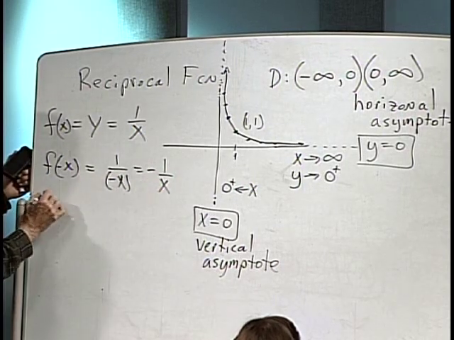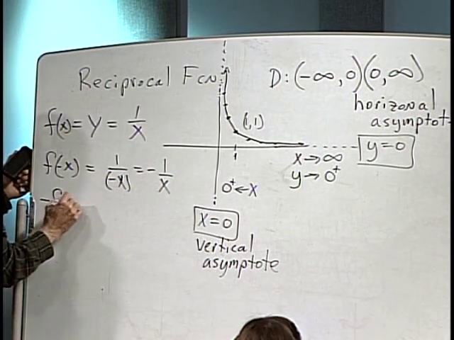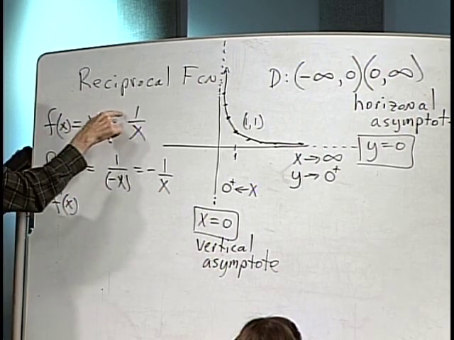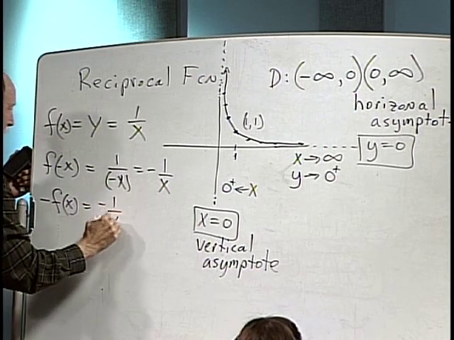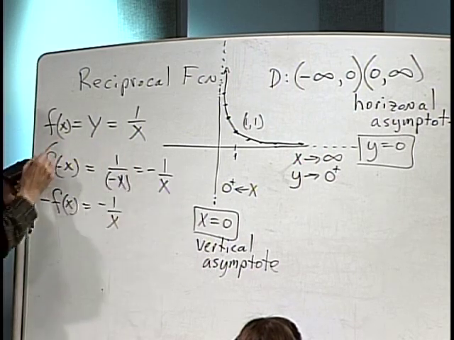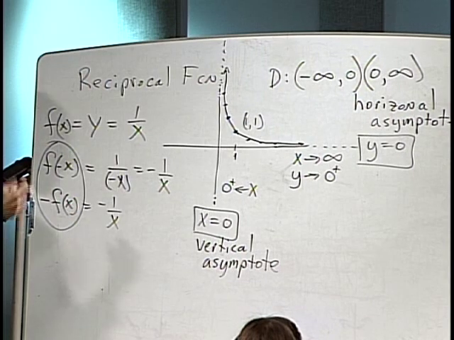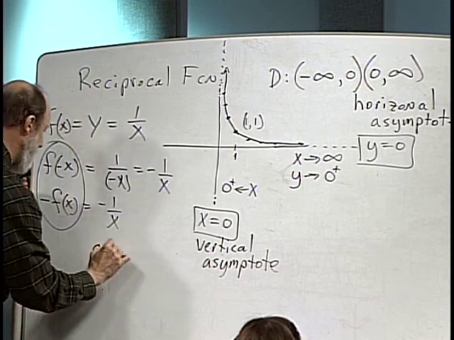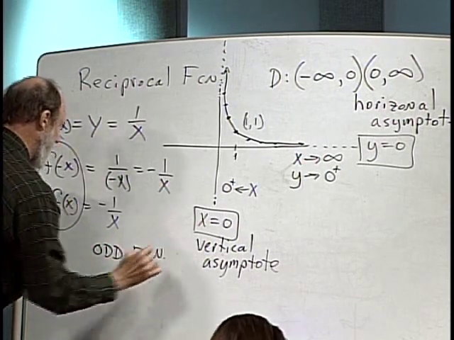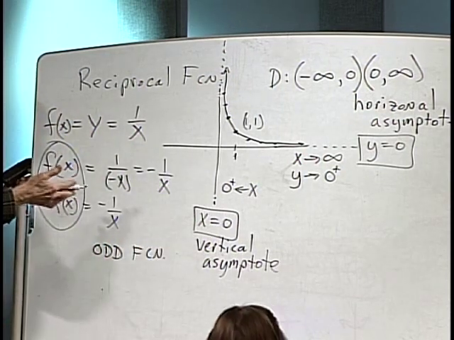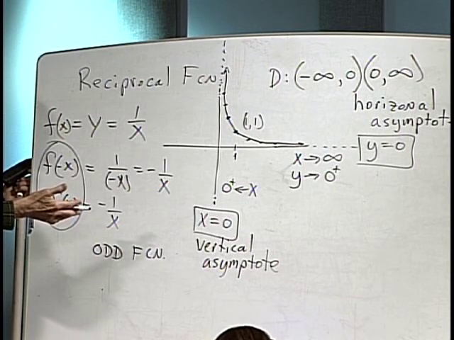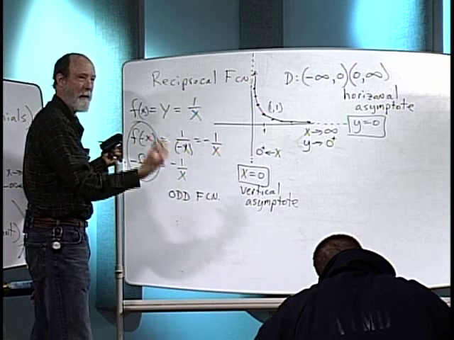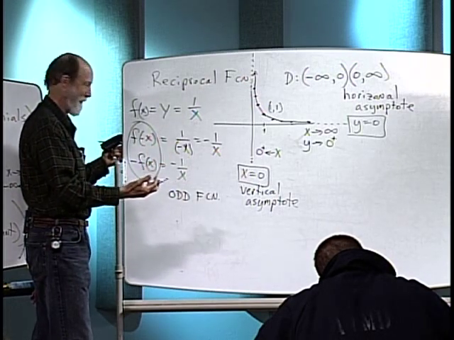But what also would then be the negative of f of x? If I put a negative out in front, negative 1 over x. Notice that these are the same. That tells us the function is an odd function. We've talked about this function previously. I'm just coming back through it again because typically you only hear about 30% of what gets said or presented.